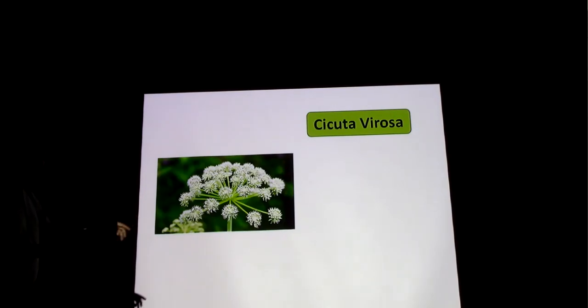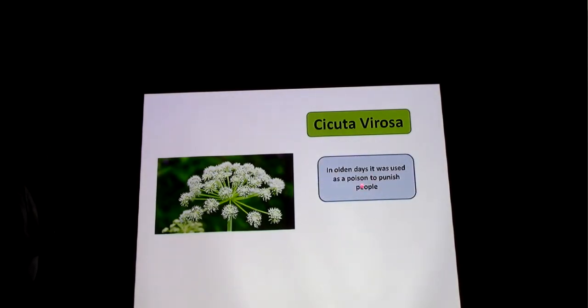Okay. When I was reading about Cicuta virosa on Wikipedia, a lot of information was given, and it was also told that in olden days, the Europeans used this particular plant as a poison to punish people.